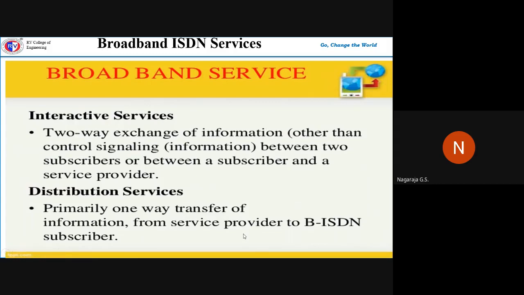So even when we ask you questions relating to these kinds of services in a quiz, we may give some applications and ask you to identify whether it belongs to an interactive service or a distribution service, so that you can easily identify. Because services are many basically.